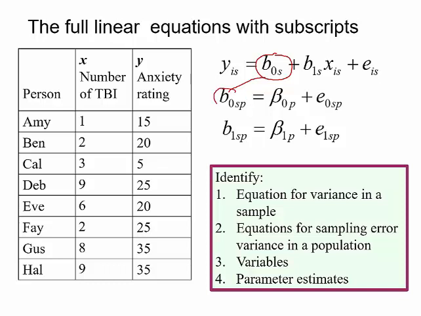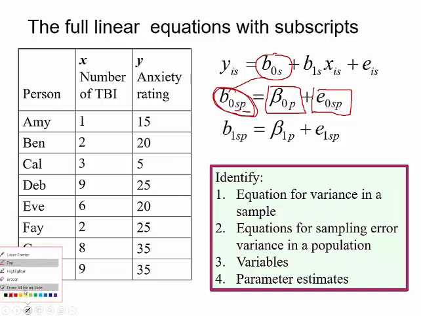So here's the parameter estimate of the intercept in our study. The intercept for sample s from population p is equal to the true parameter, I'll do that Greek beta, the true parameter for the intercept in the entire population, plus the error, how far the parameter estimate from our sample deviated from that true population parameter.